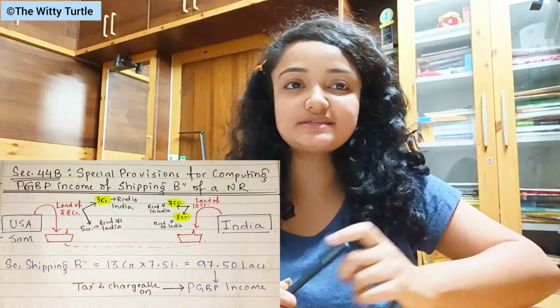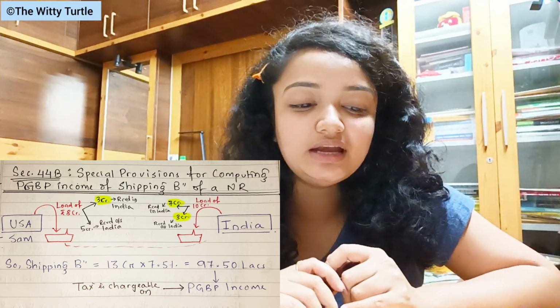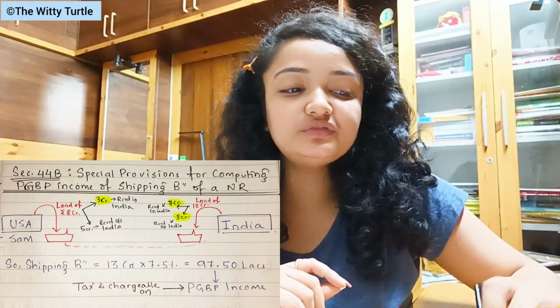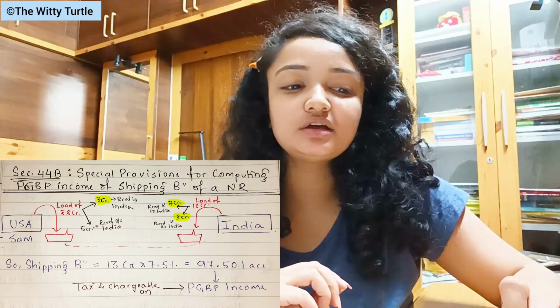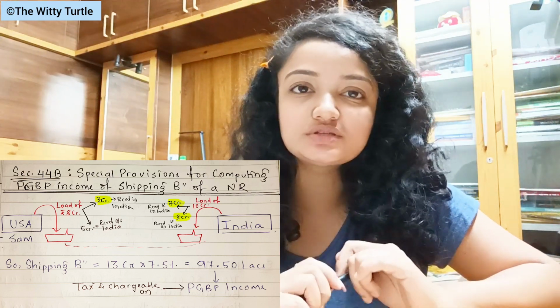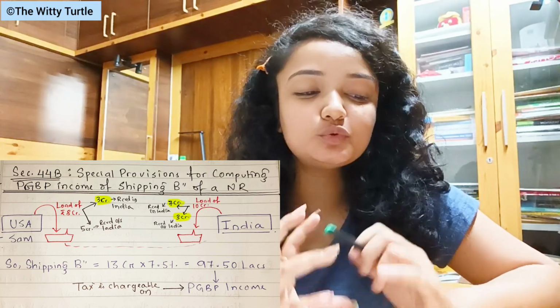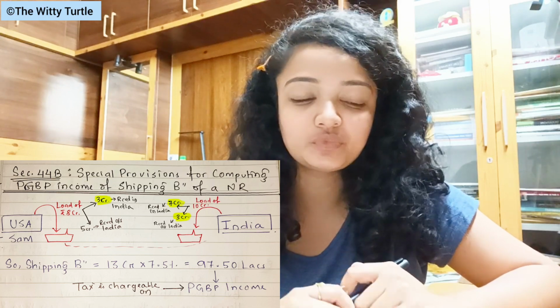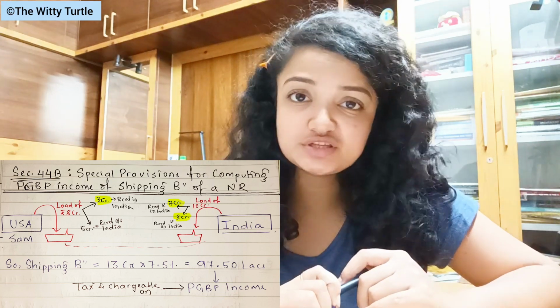Now, in this example, you need to understand that to calculate the PGBP income of the shipping business, out of these four amounts, right? 3 crore, 5 crore, 7 crore, and 3 crore. Out of these four amounts, which amounts are you supposed to take to calculate the PGBP income, right? So the provision says what?